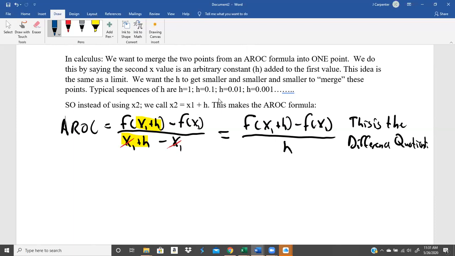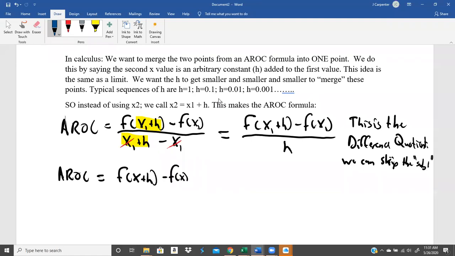But we don't have to use the little sub ones. So the final way I'll write this is f of x plus h, then minus f of x, all divided by h.